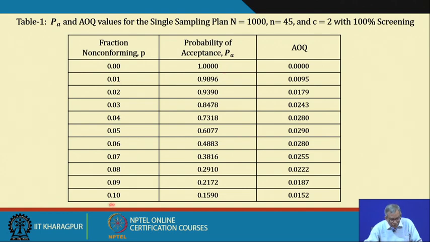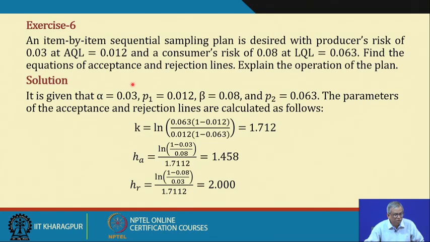And several other values you consider. For each such value of p, you compute PA, and immediately you apply the formula for AOQ to get the values of AOQ. Now you move to exercise 6, an item by item sequential sampling plan.